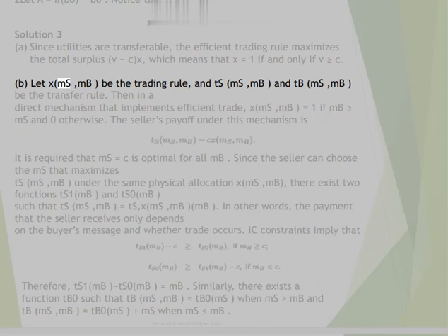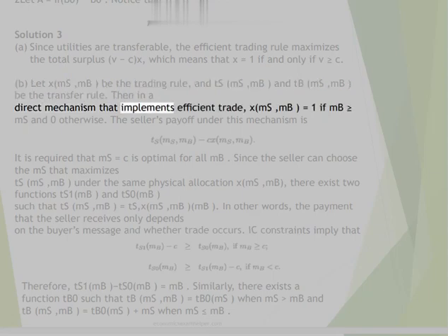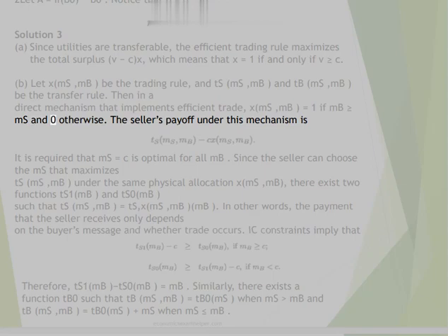B. Let X^MSMB be the trading rule, and T_S^MSMB and T_B^MSMB be the transfer rule. Then in a direct mechanism that implements efficient trade, X^MSMB equals 1 if m_B greater than or equal to m_S and 0 otherwise. The seller's payoff under this mechanism is.